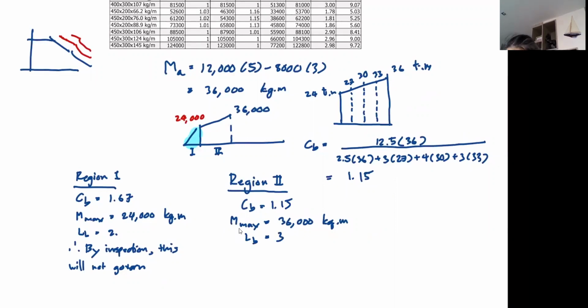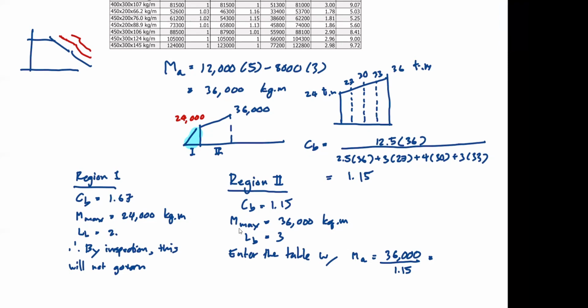So now we can enter the table with moment MA equal to this divided by 1.15. How much is that? Please. 31,304.